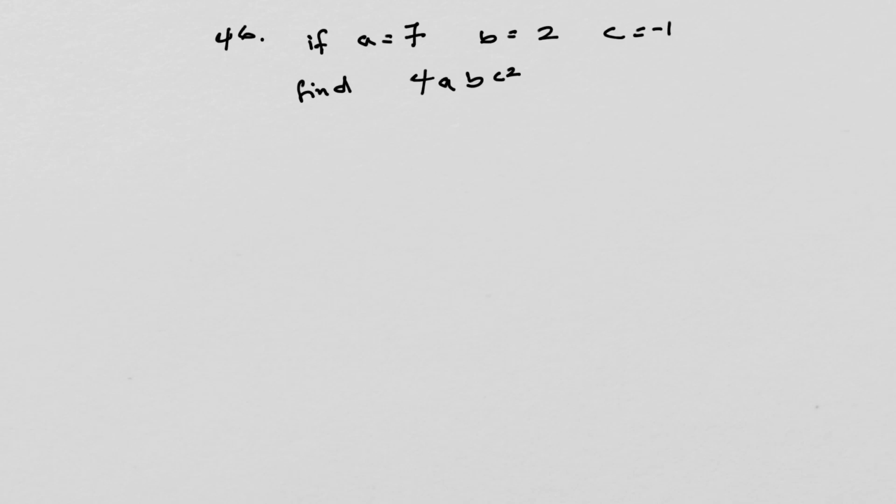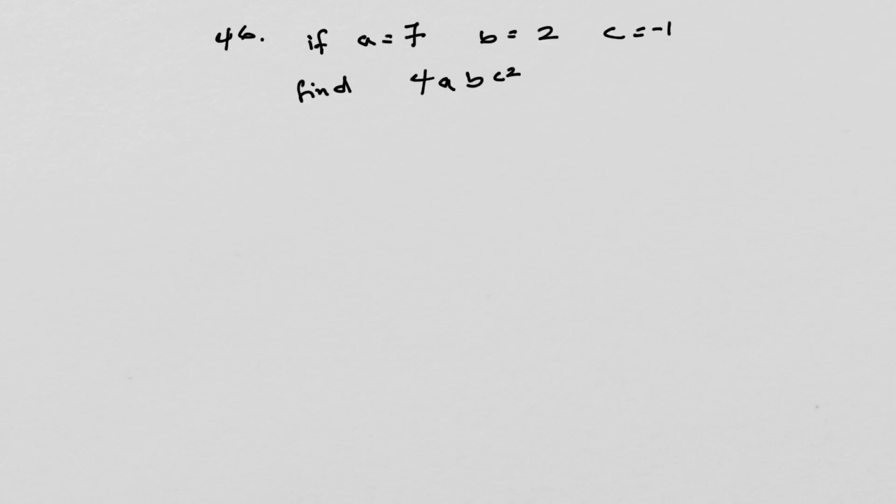Question 46. If A equals 7 and B equals 2 and C equals -1, find 4ABC squared. Questions like this are really your opportunity to speed up your time so that you can have more time for difficult questions.